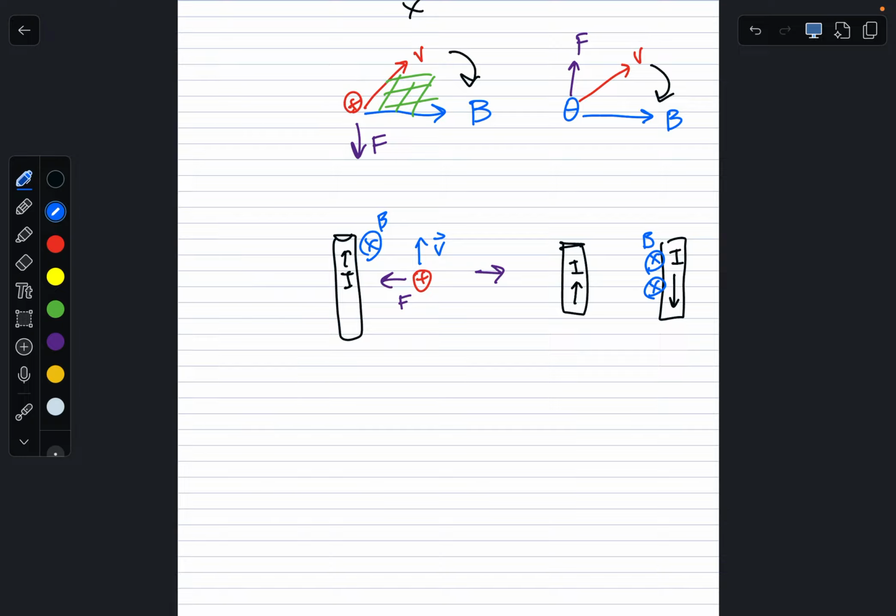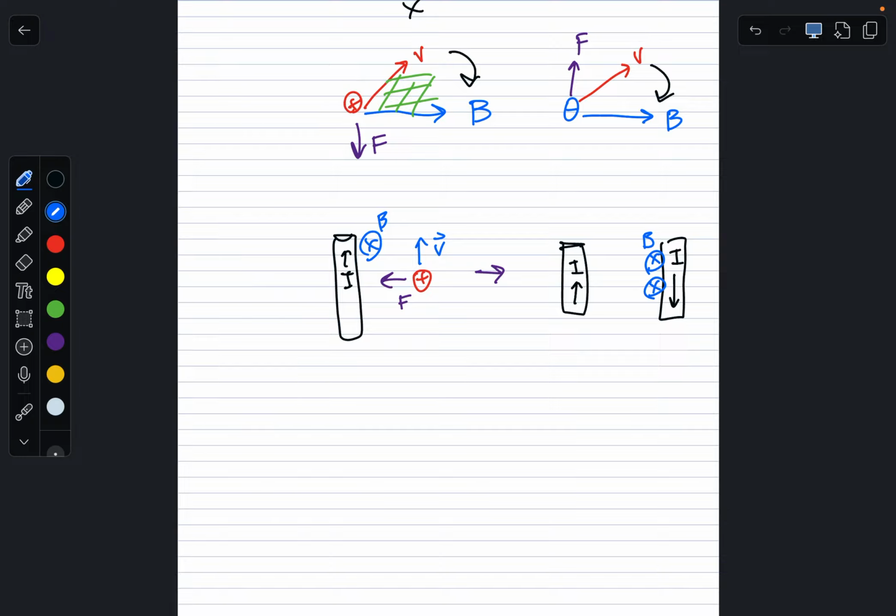So magnetic flux is like a mathematical calculation. It's technically a dot product between two vectors. We can express a dot product between two vectors as magnitude of vector 1, magnitude of vector 2, cosine of the angle in between. The picture of this: if this is our surface area, the area vector is defined as a vector that is perpendicular to the plane of the area.